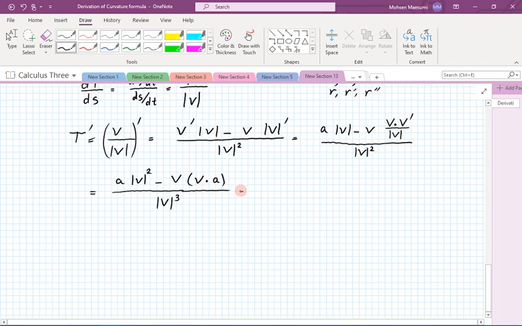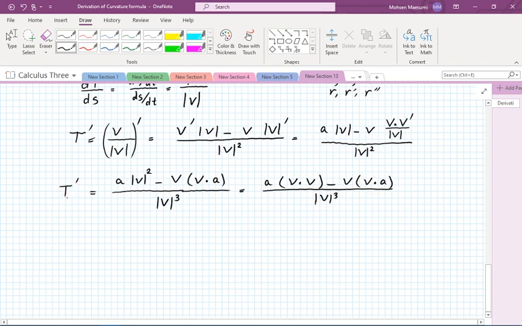Okay, let's rewrite this thing one more way. |v| squared, I can write it as v dot v, and v dot a, then I'll have |v| cubed here. So that's my T prime.